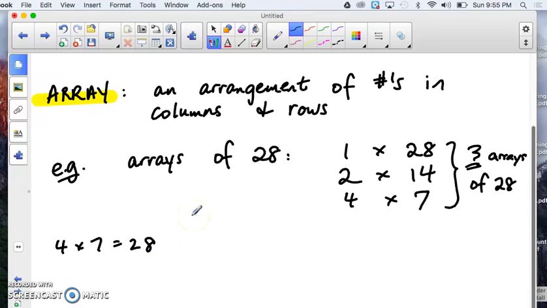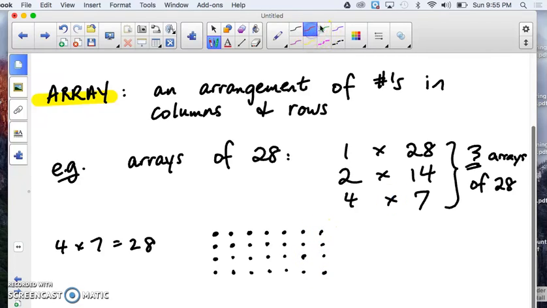I would just use dots, or I would use X's, or I would use stars. You can be as simplistic as possible, but this shows how you understand the multiplying. So I'm going to do 4 rows of 7. So 1, 2, 3, 4, 5, 6, 7, 8, 9, 10, 11, 12, 13, 14, 15, 16, 17, 18, 19, 20, 21, 22, 23, 24, 25, 26, 27, 28.